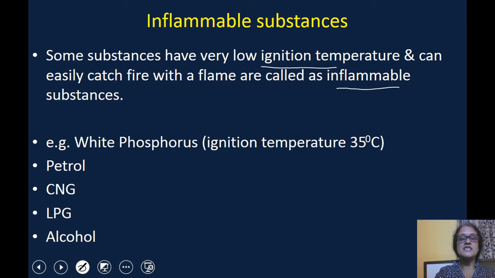Examples of such substances are white phosphorus, petrol, CNG, which is compressed natural gas, LPG, which is liquefied petroleum gas, and alcohol. All these are examples of inflammable substances. These inflammable substances can catch fire easily because they have very low ignition temperature and they burn with a flame.